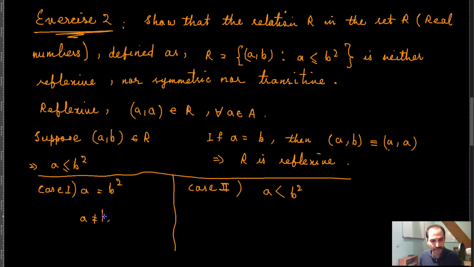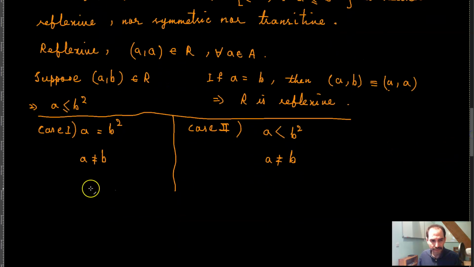And in this case A is not equal to B, of course. So that means this never happens, and then R is never reflexive, which means that R is not reflexive.